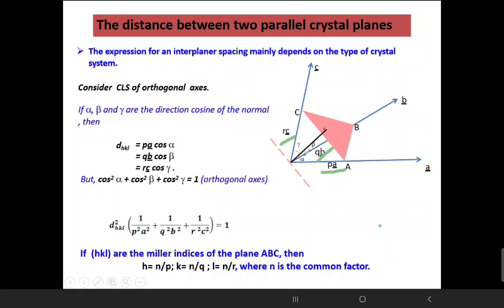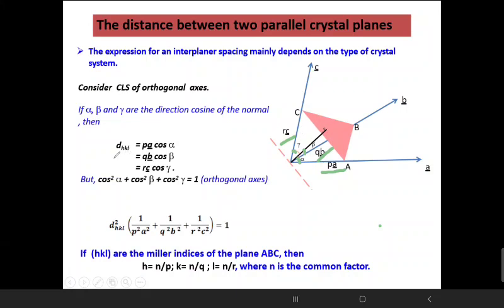If alpha, beta and gamma are the direction cosines of the normal, see here, this is alpha, this is beta, this is gamma. So alpha is the angle from the A axis, beta is the angle from the B axis and gamma is the angle from the C axis.